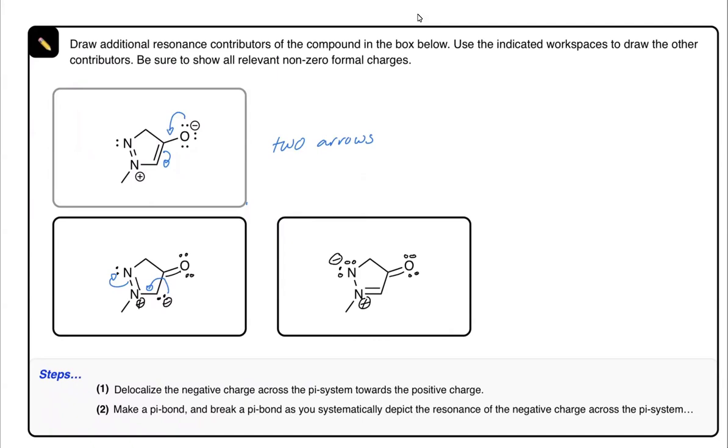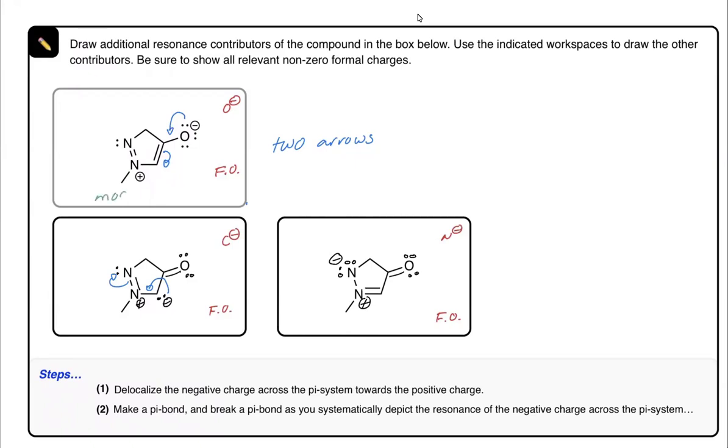Now, if we had to gauge resonance structure stability here, notice that they're all full octet. Every atom in each structure is full octet. So we would then move on to charge accommodation, and we're looking at a negative charge. The negative is on a carbon here, on an oxygen, on a nitrogen. And with a negative charge, a more electronegative atom would balance that more stably.